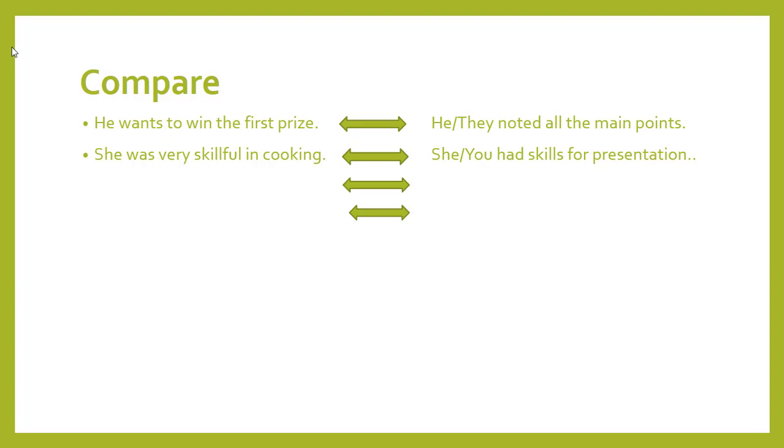Whereas in the sentence to be compared, she is a singular subject, you is a plural subject, but both she and you have the same form of the verb, had. She had skills for presentation, you had skills for presentation.